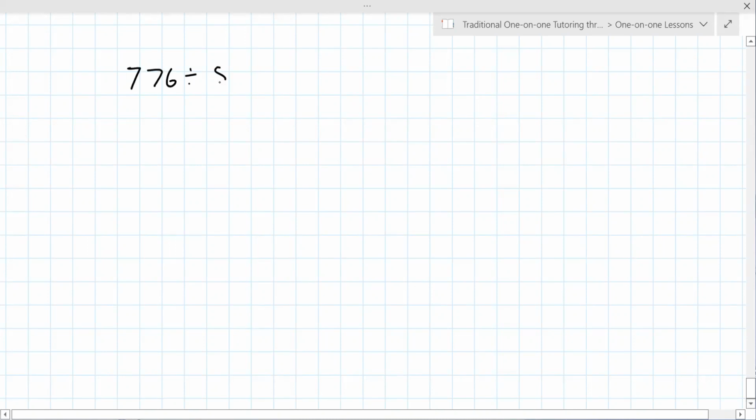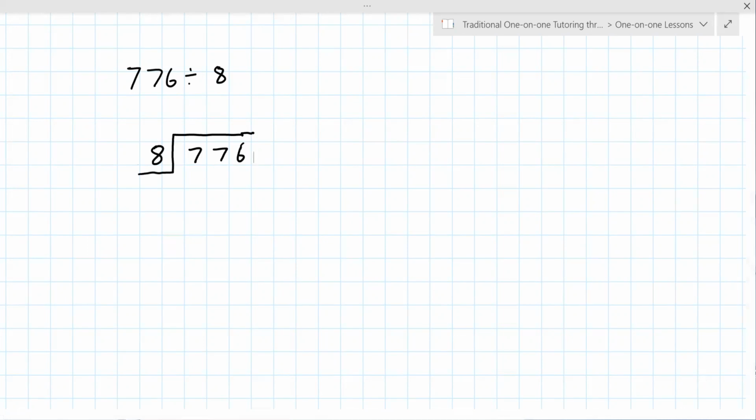776 divided by 8. So let's put 8 outside the house, 776 inside the house. Now, does 8 go into this first 7? No. So you could put a 0 up here, but you don't need to. Does 8 go into 77? Yes. How many times?